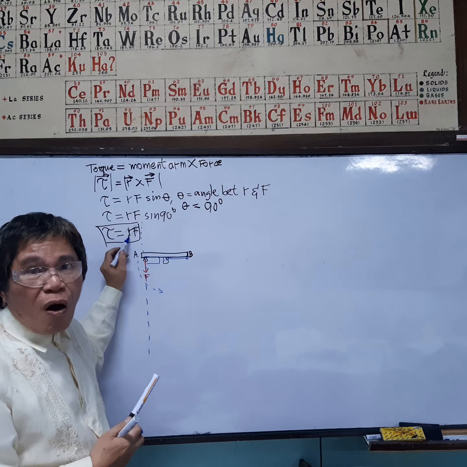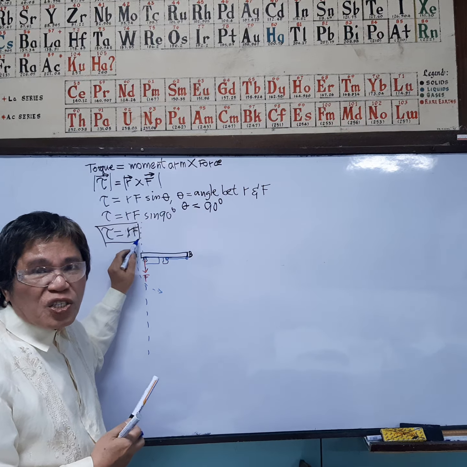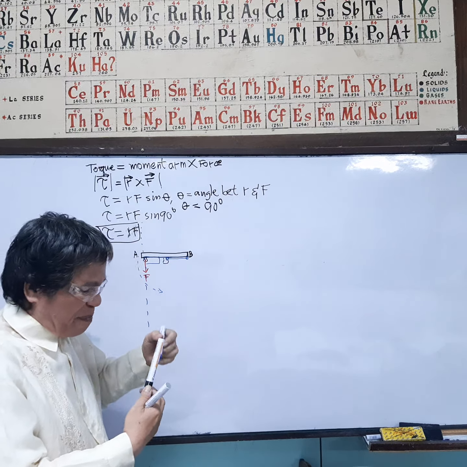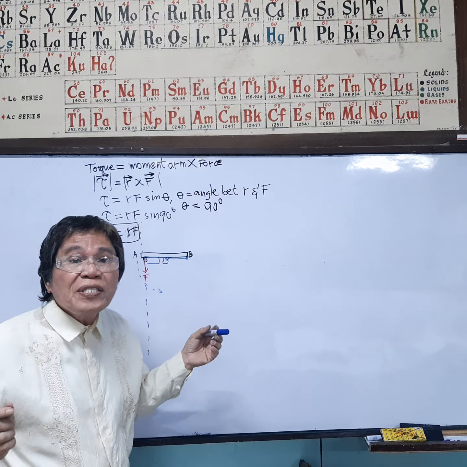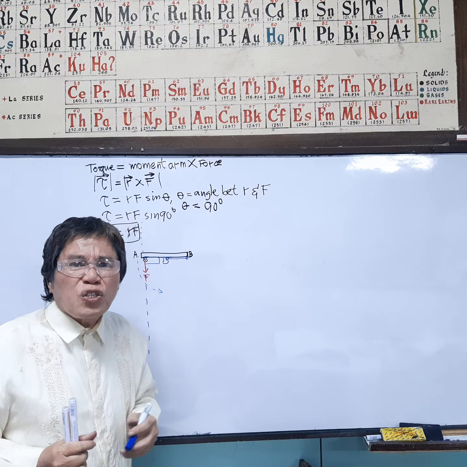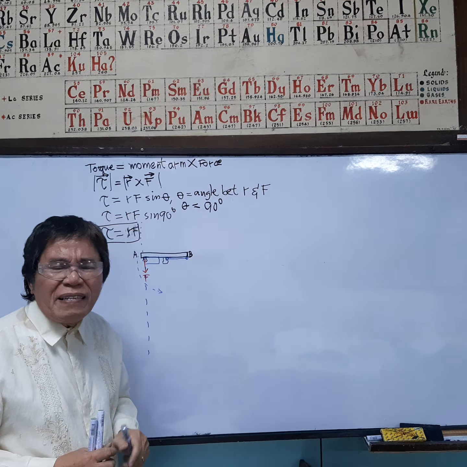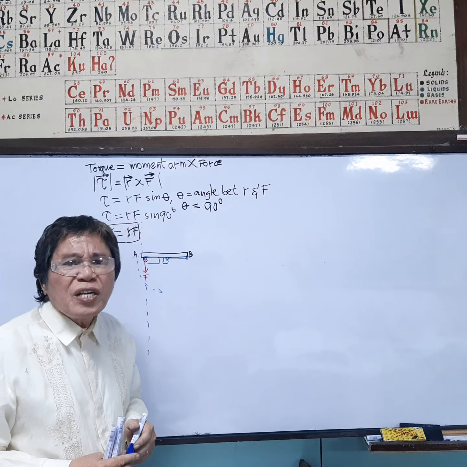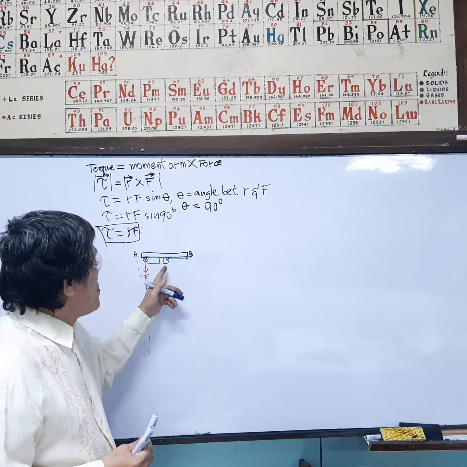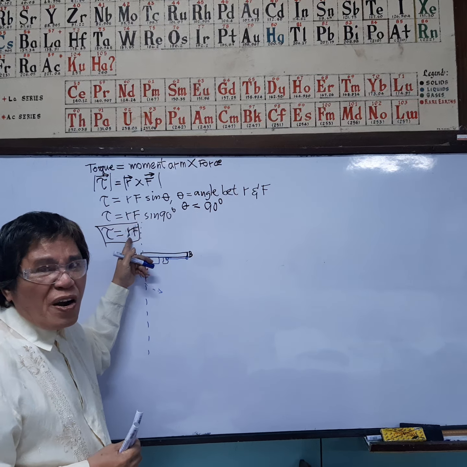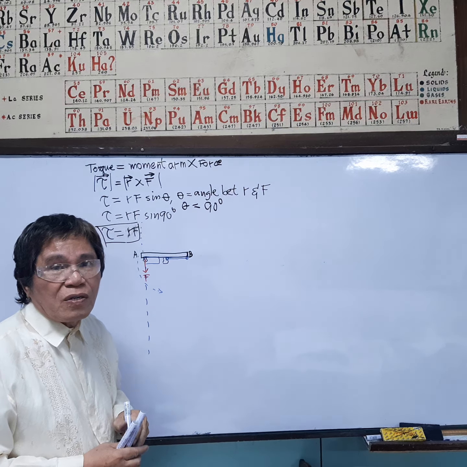When R is small, the product is small. Assuming the force remains the same, if we decrease the R and make the doorknob closer to the hinges, where the hinges serve as the axis of rotation, then R is smaller, therefore the product is smaller.